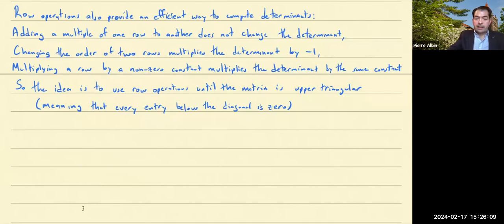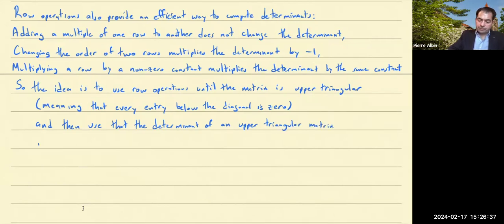And then use that the determinant of an upper triangular matrix is the product of the elements on the diagonal.